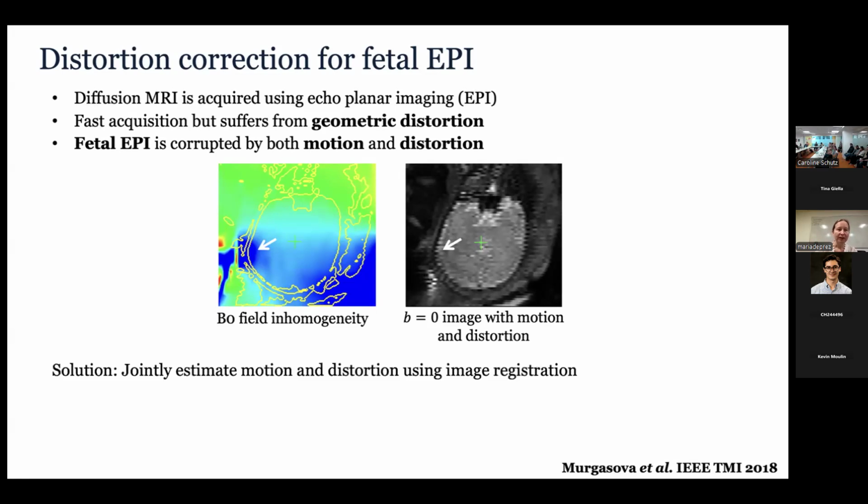And I mean, there are some acquisition-based techniques that can be used, and actually in DHCP, that's what we have done, but I will present the registration-based technique instead, because I think the advantage of that is that if you didn't acquire anything extra, you can still correct it with registration.